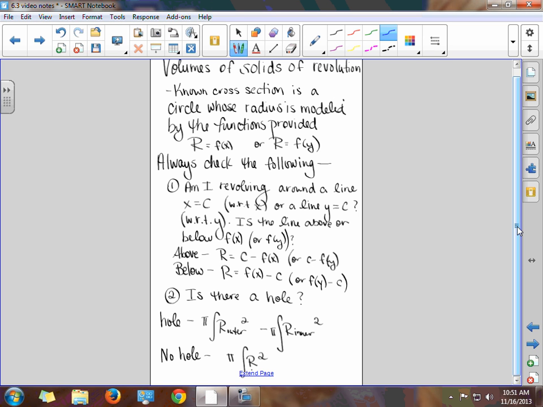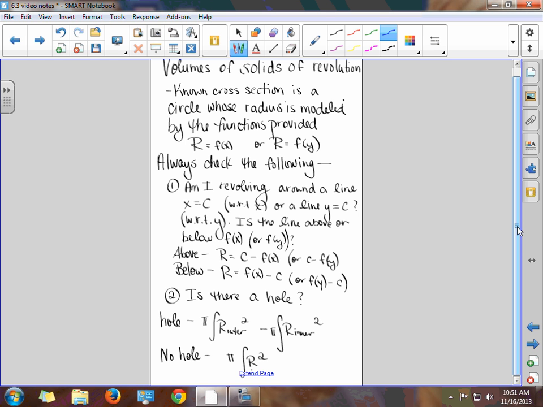And here's the idea: it's a circle whose radius is modeled by some given function. So just like before, whatever cross section we wanted, we would use the functions that were given to model what we needed to calculate the area of that cross section. If it were a rectangle, we would need the base times the height. If it were an equilateral triangle, we would just need the base.